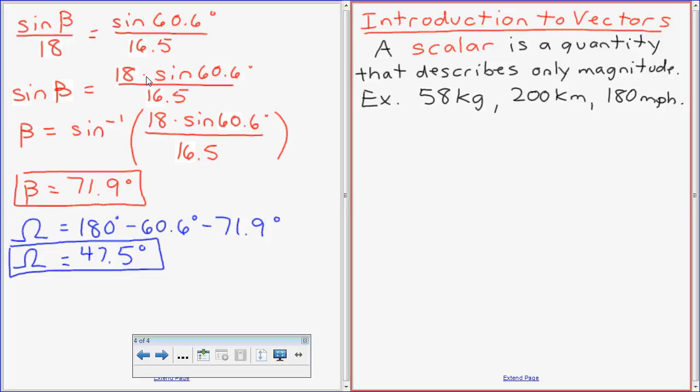So, okay, a vector is a quantity that has magnitude and direction.